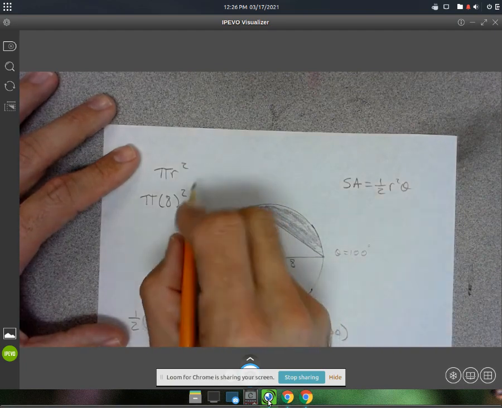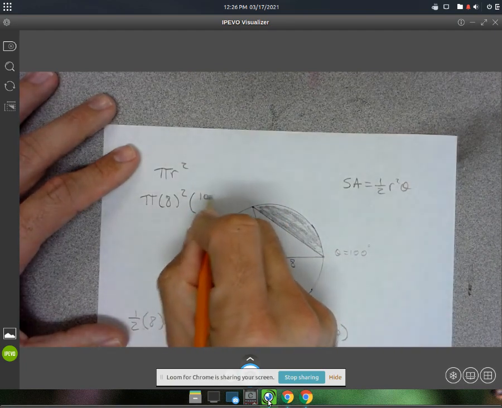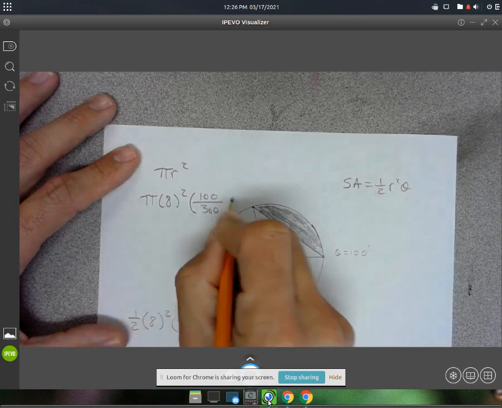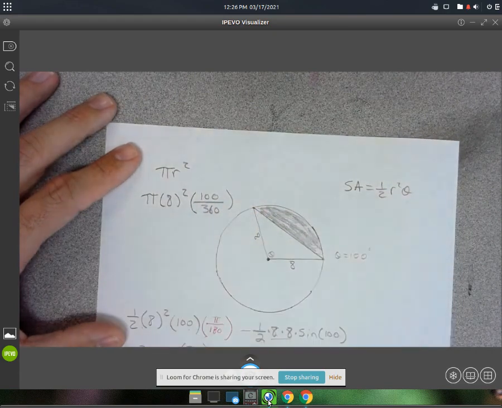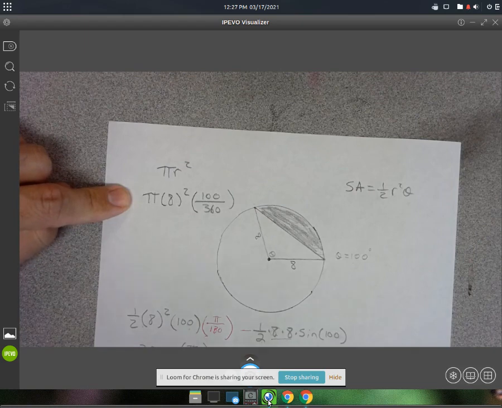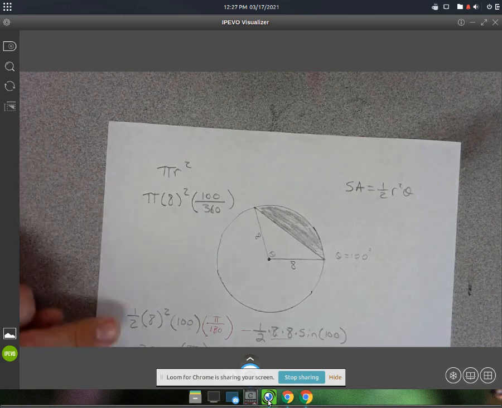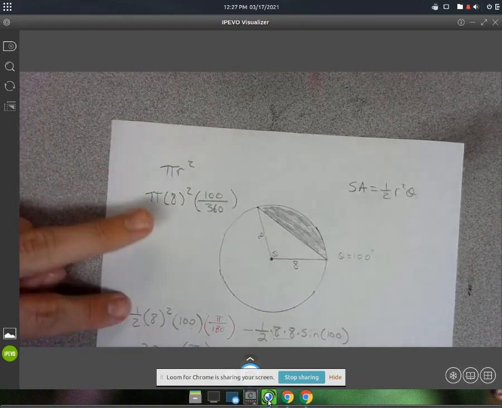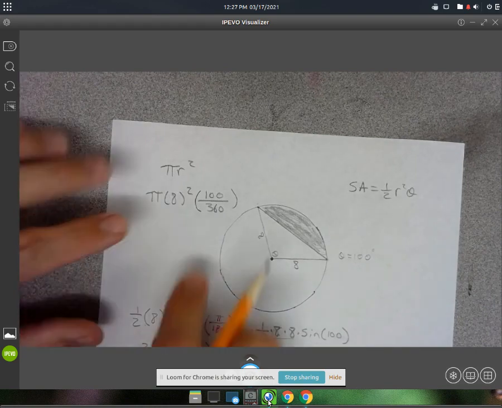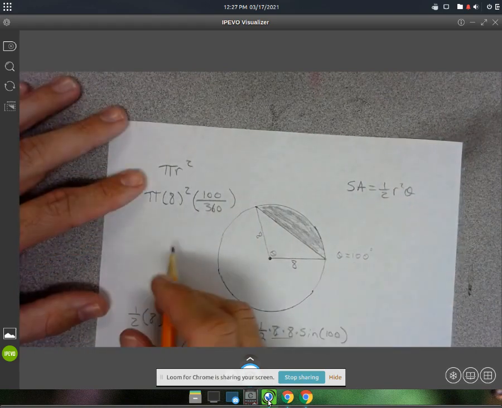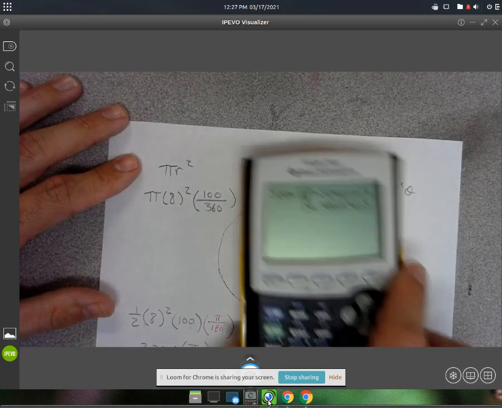We want 100 out of 360 of it, right? And this is going to do the same thing as this down here. They're actually the exact same expression. So you would just work this out by hand or calculator.